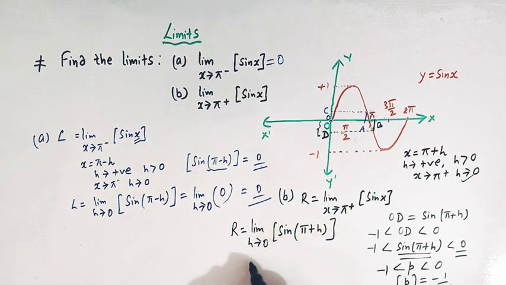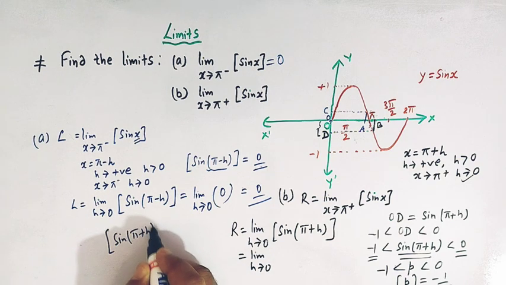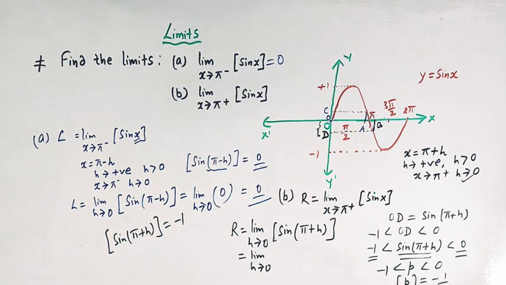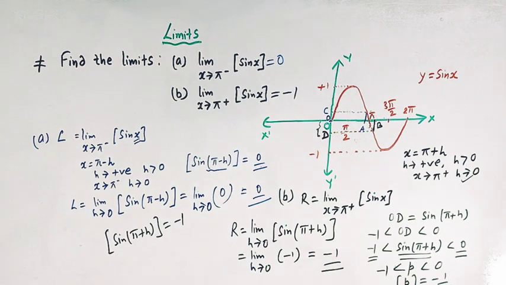We have just seen that the value of sine(pi plus h) lies between minus 1 and 0, so the greatest integer of sine(pi plus h) must be equal to minus 1. So here we have minus 1, so this is equal to minus 1.